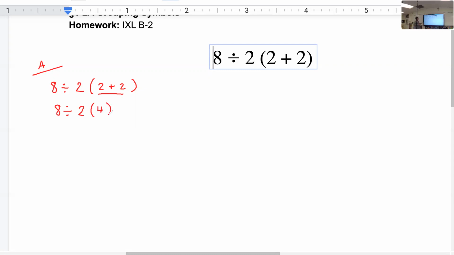So now, PEMDAS, my dear, the next thing I would do is multiplication, right? So PM, right? So 8 divided by 8, which is 1. So that would be solution A is 1. Okay?